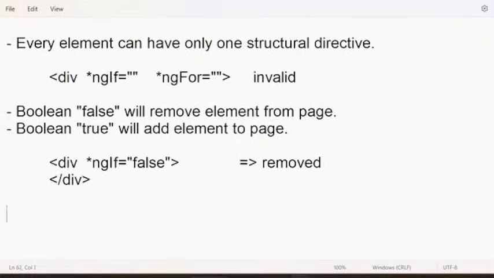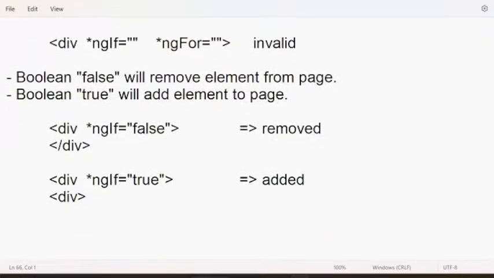And if I write true and I define ngIf as true, then it is added. This is added to the page. That is the Boolean true and false. So why is it called a structural directive and what is its role?